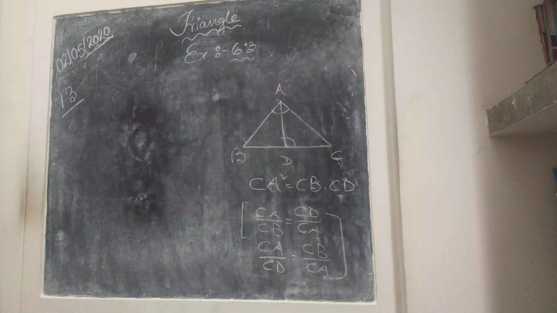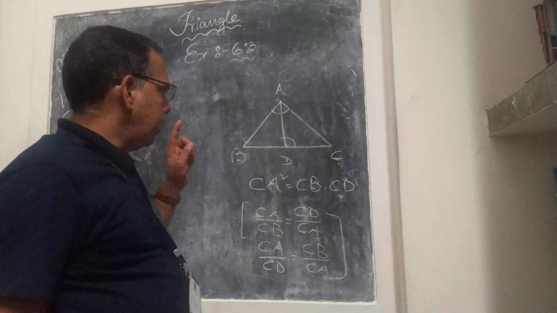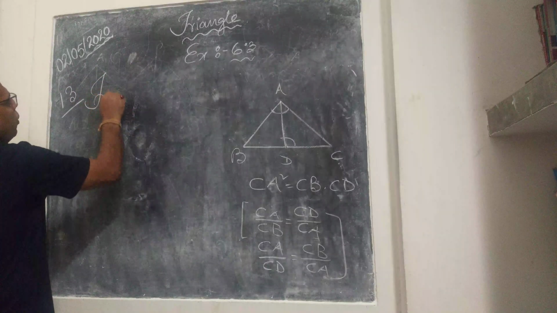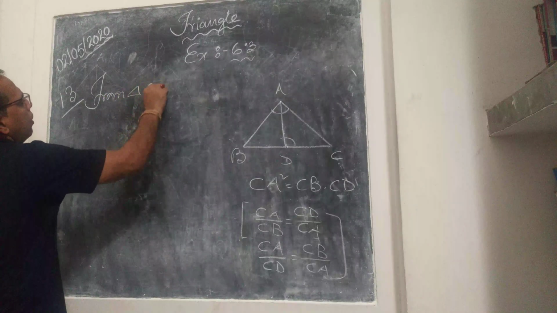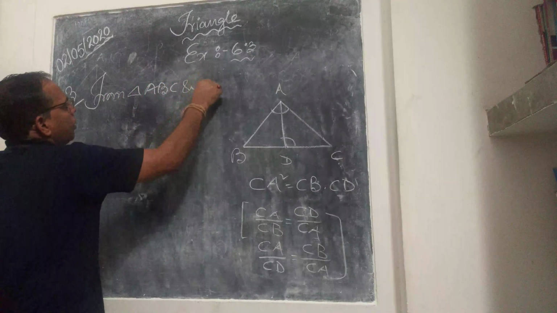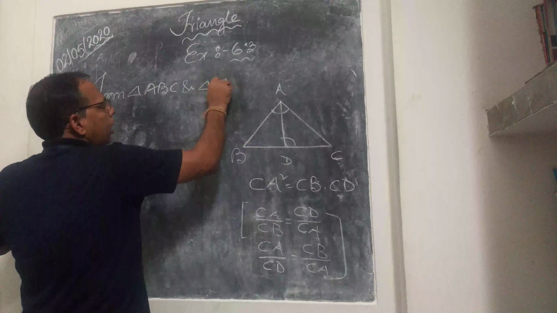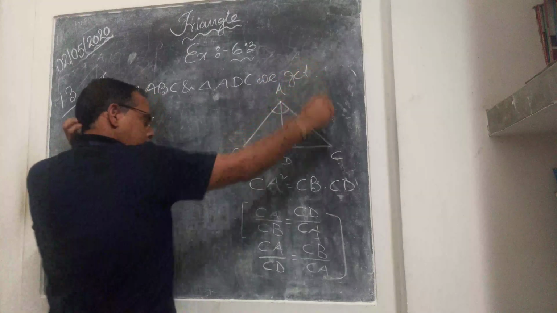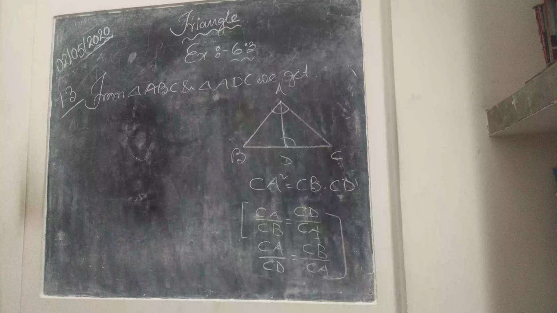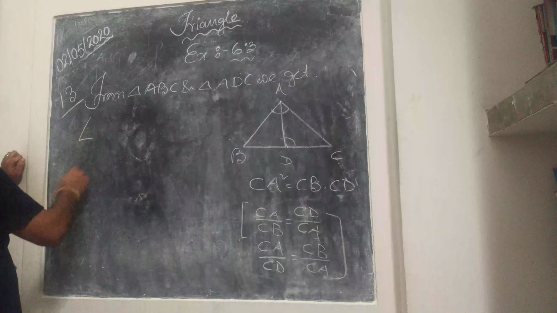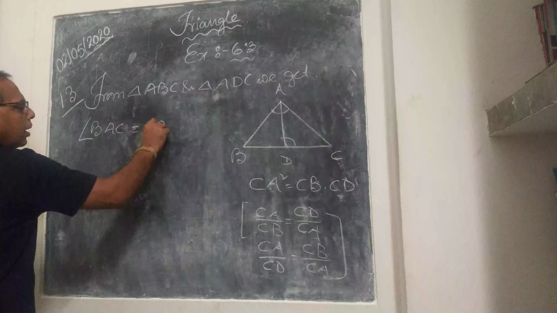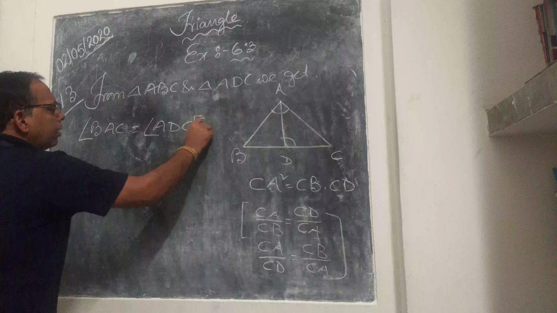So what is given, according to that we'll do. Now first of all we write from triangle ABC and triangle ADC, we get: angle BAC equals angle ADC, given.